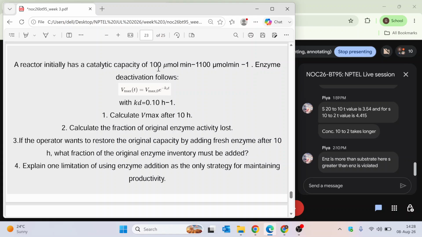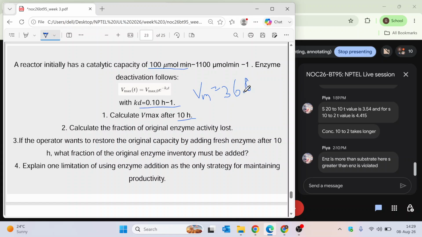So out of 100, 36.8 is going to remain. Okay, so then the lost fraction, let me just write this down quickly. When you directly substitute this value, you will find your Vmax, that is 36.8.